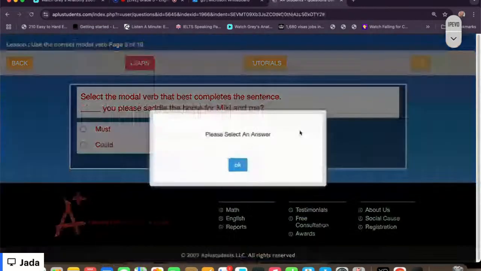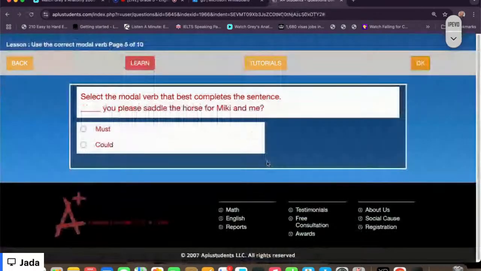All right. So let's stay focused. Dash you please saddle the horse for Mickey and me? Must or could? What do you think is the right one here?